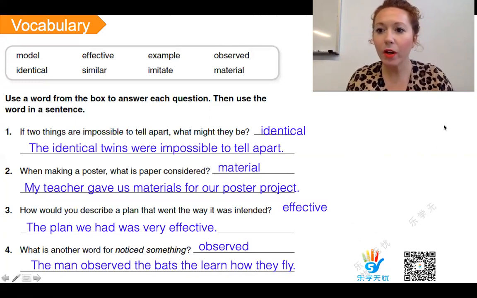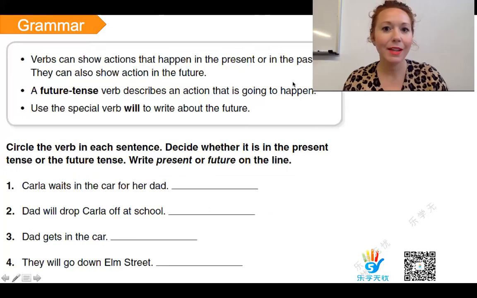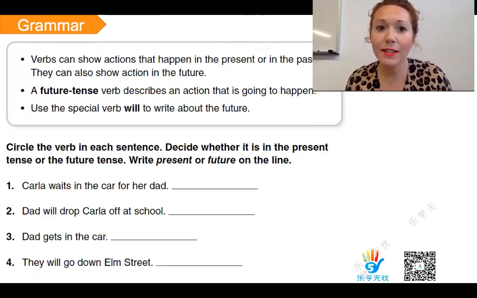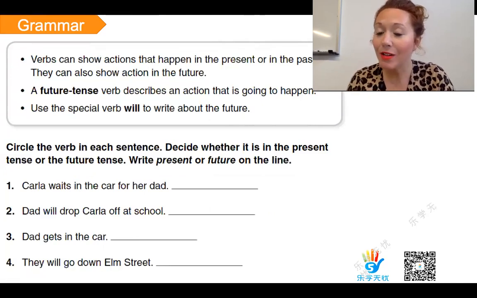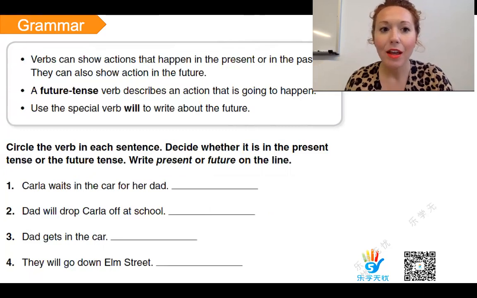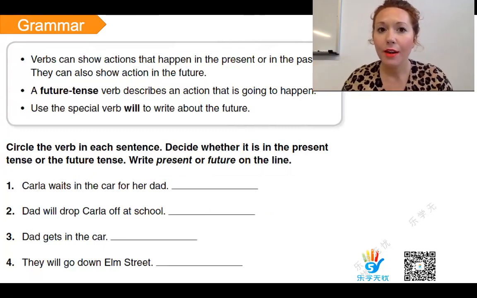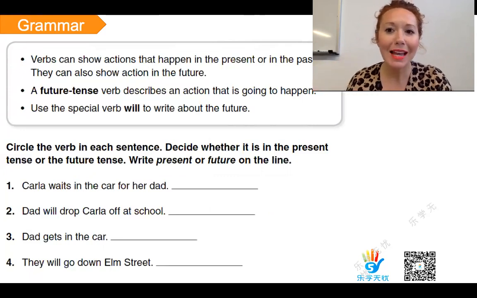All right, so let's work on some grammar next. So we are going to be looking at verbs, okay? So verbs can show actions that happen in the present or in the past. They can also show action in the future. Now, last week we talked about past tense verbs.